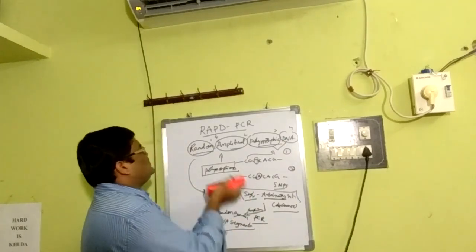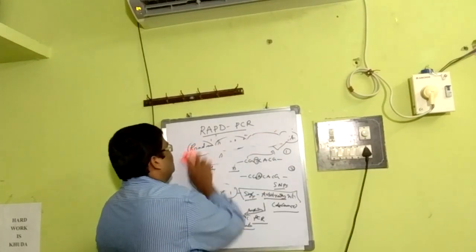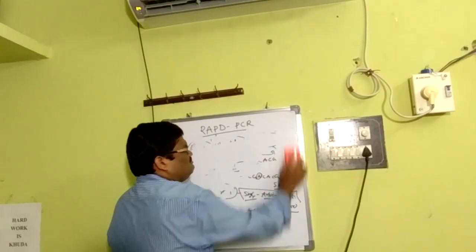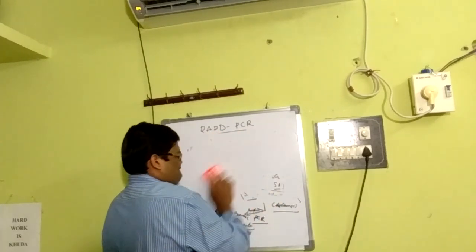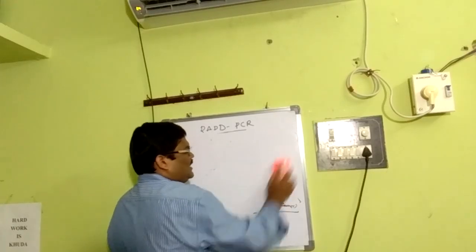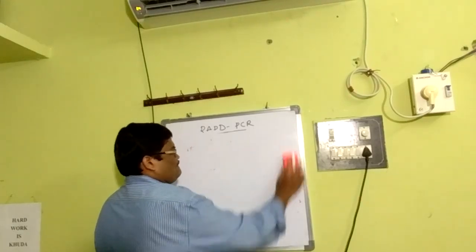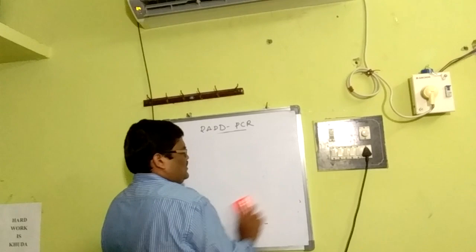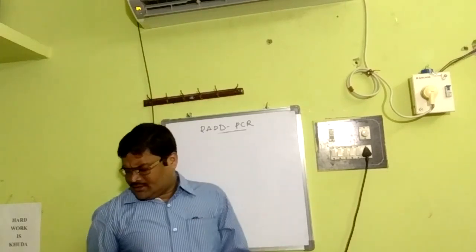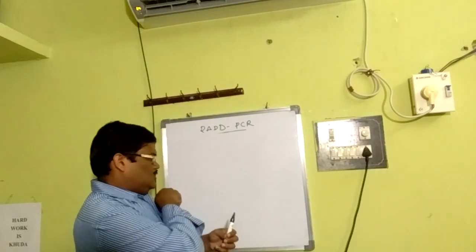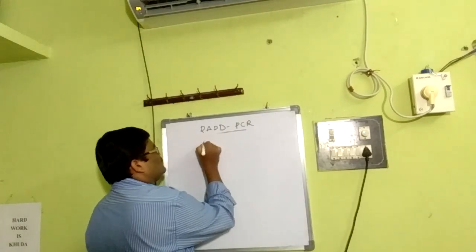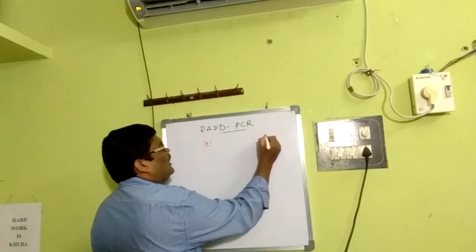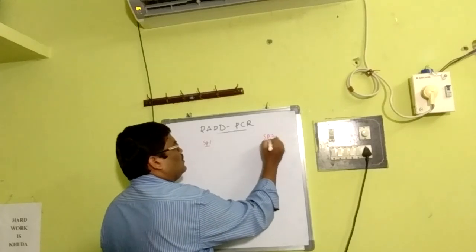Then regarding the mechanism, if you understand this concept, the rest is the same. We will discuss it with a particular example. Say take two different DNAs, species 1 and species 2.